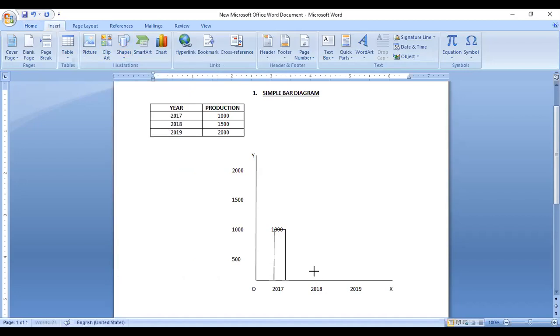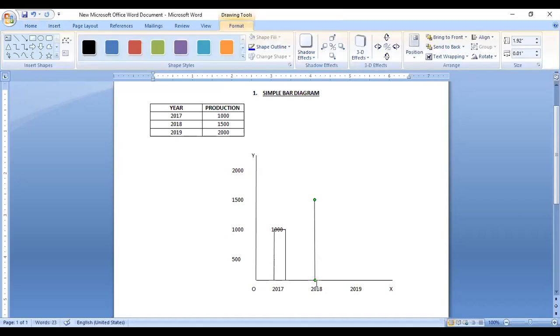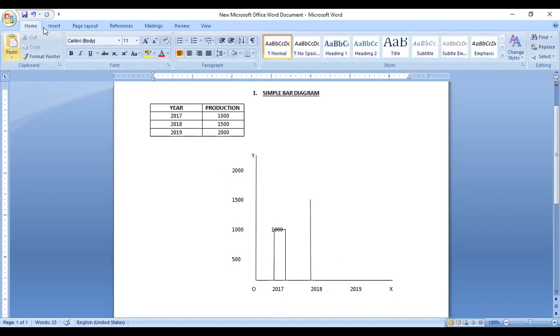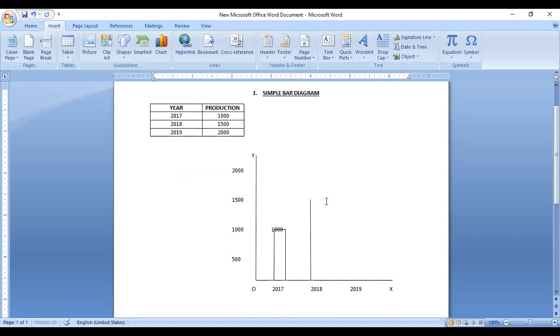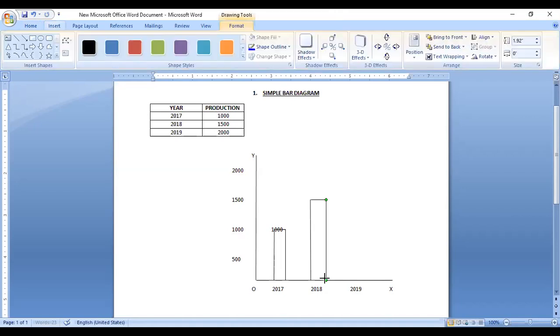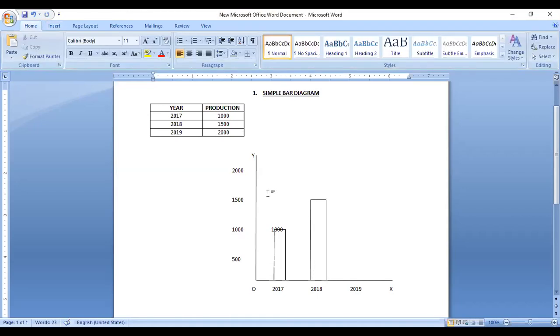So up to 1500 you have to choose, and you have to draw a bar. On the bar again you have to write the number of units.